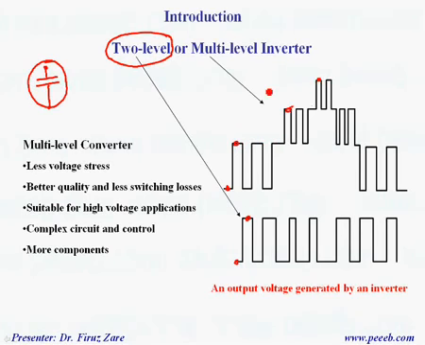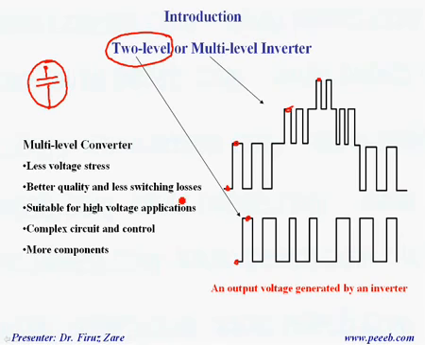So what are the advantages? The advantage is that we have less voltage stress across the load. For the same voltage rating, we may get less voltage stress. And also, because of changing the output voltage step by step, we can improve the quality and also get less switching losses.